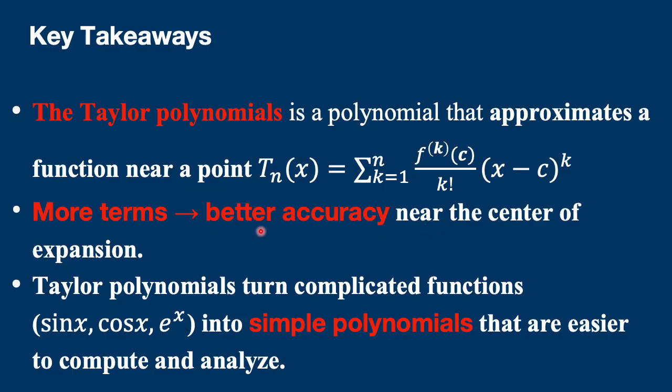But it takes more effort and complexity if you add more terms. Taylor polynomials turn complicated functions into simple polynomials that are easy to compute and analyze. So sine and cosine x can be written as a simple polynomial to estimate and analyze. This is an application of Taylor polynomials.